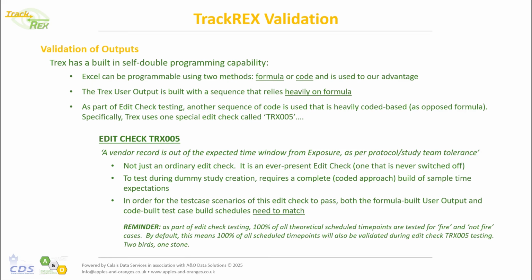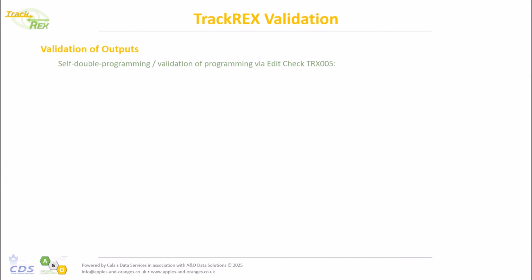By default, this means 100% of all scheduled time points will also be validated during edit check TRX 005 testing. Two birds, one stone. Essentially, this is self-double programming and validation of overall programming via edit check TRX 005.